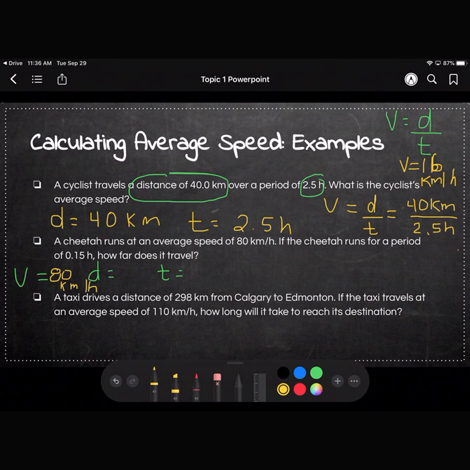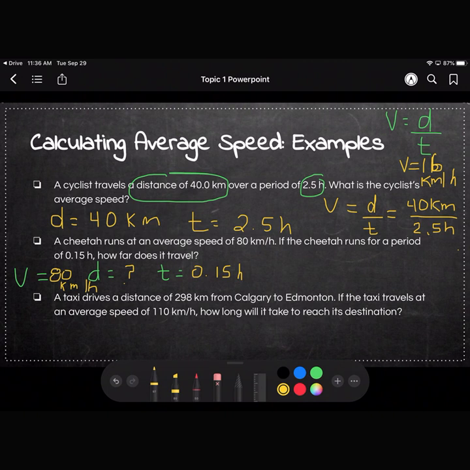Keep reading. If the cheetah runs for a period of 0.15 hours, how far does it travel? Is 0.15 hours a distance or a time? Time, so that's our t. So I write that here. Our distance is what we don't know, right?